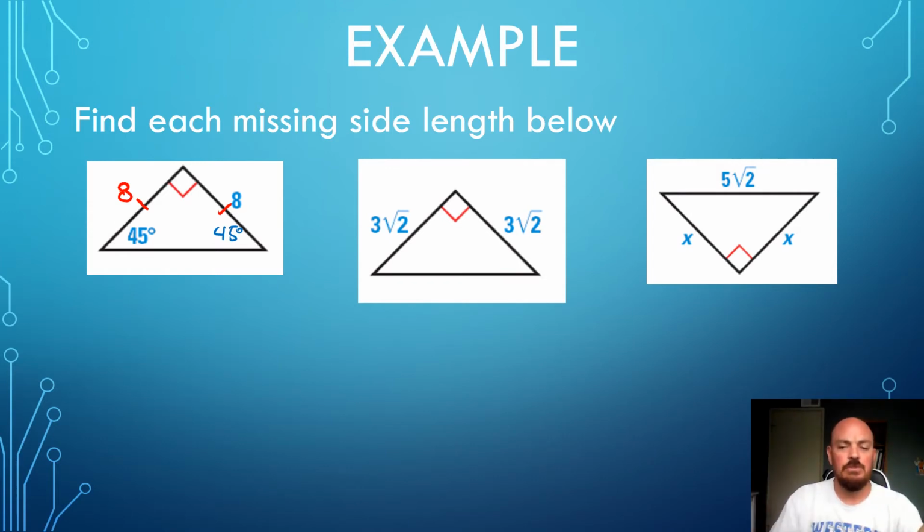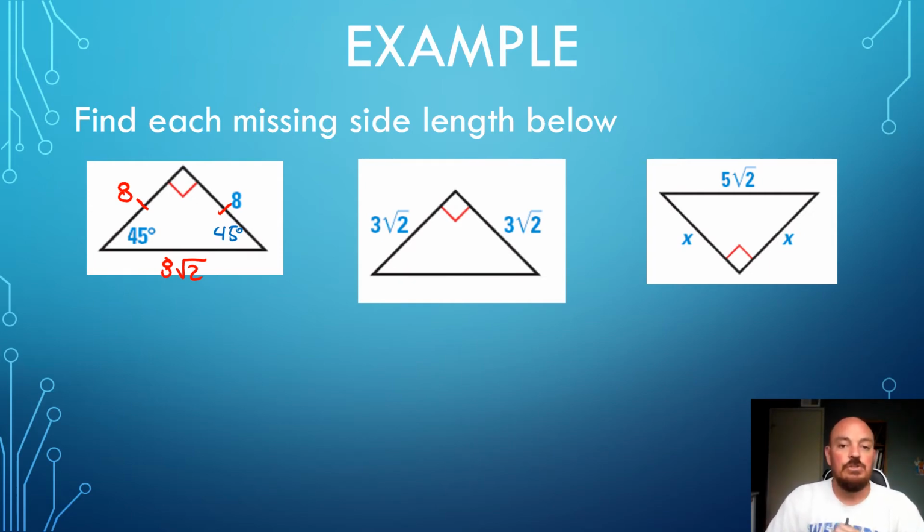We have a shortcut for 45-45-90. If I know that the leg is 8, all I have to do is multiply it by the square root of 2, and I get my answer. I don't even need to simplify it or use a calculator. The answer is 8 radical 2, or 8 times the square root of 2. If you need to know how long that is, type it into a calculator and get a decimal. But for now, we're just going to leave the radicals in there.